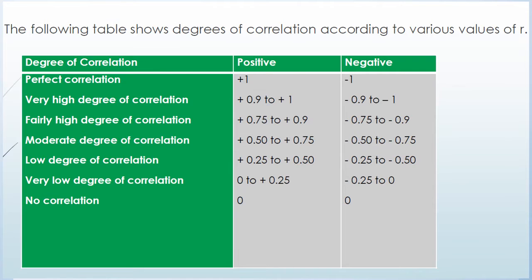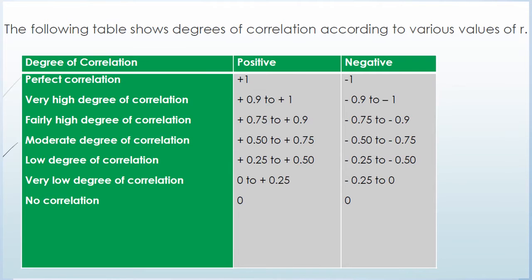We say very high degree of correlation when the value of r is between 0.9 to 1, so very high positive degree of correlation. And when the value of r is minus 0.9 to minus 1, that time we say negative degree of correlation, but very high.